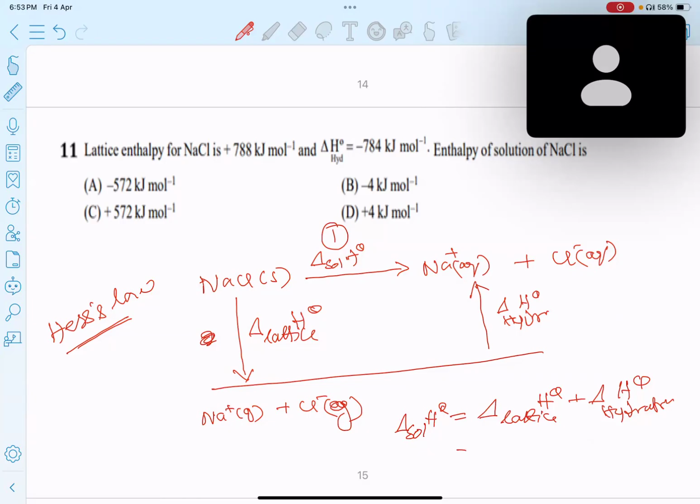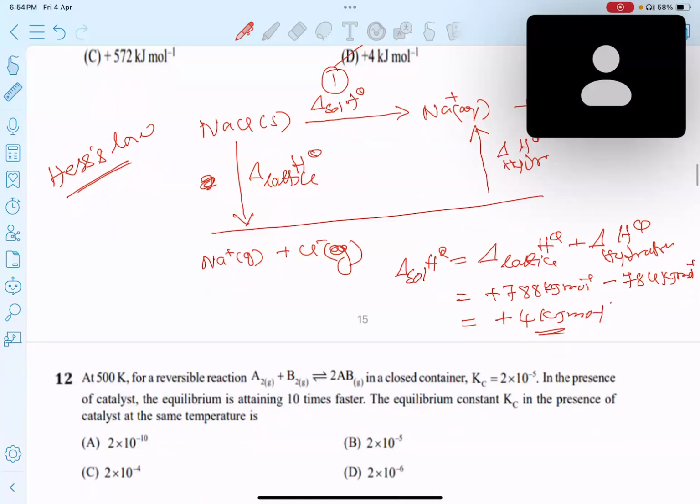The lattice enthalpy is given, that is plus 788 kilojoule per mole, and the hydration enthalpy is minus 784 kilojoule per mole. The enthalpy of solution is plus 4 kilojoule per mole. The correct answer is D, plus 4 kilojoule per mole. This is how you can calculate enthalpy of solution by applying Hess's law.